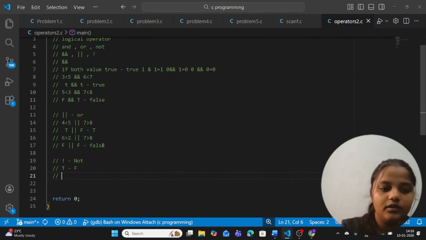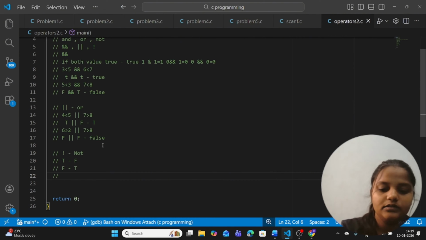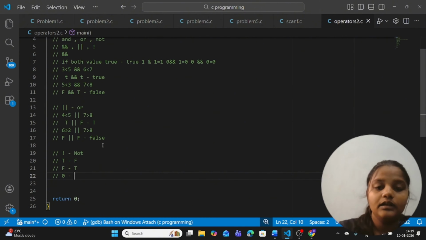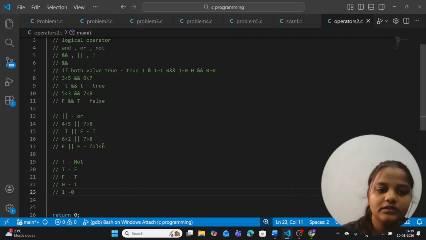If I give the input condition as false, then it will flip the condition and make it true, right? If it is 0, it will flip into 1, and if it is 1, it will flip into 0. So this is basically how NOT works.